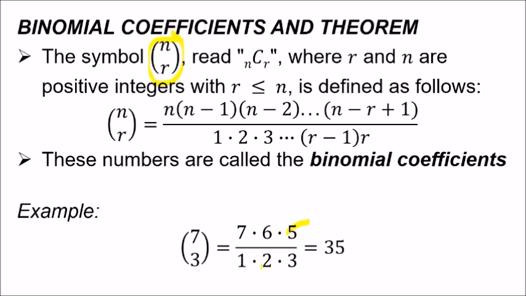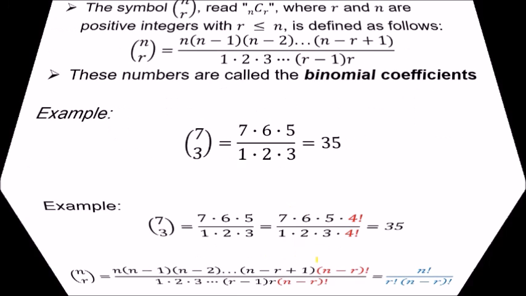And then the denominator goes only up to 3: 1 times 2 times 3. That is from the definition of the binomial coefficient. You can cancel here: 2 times 3 is 6, so you can cancel that 6. I did not cancel the 5; it is still there. So 7 times 5 is what remains. So the answer is 35.